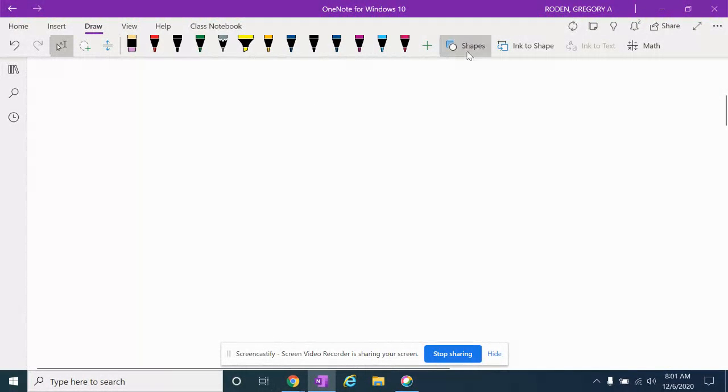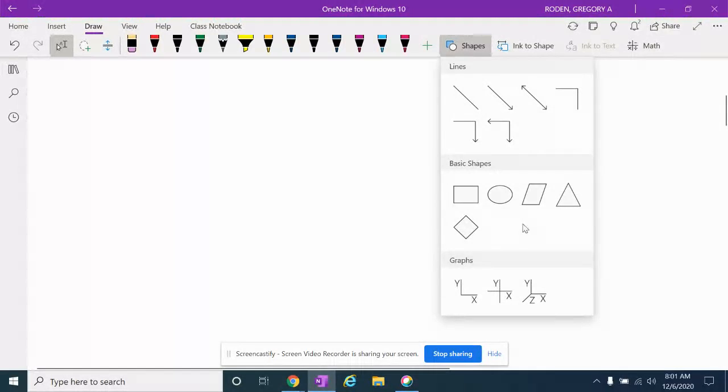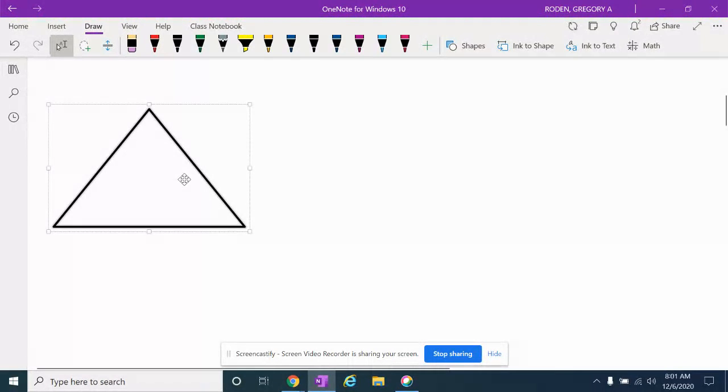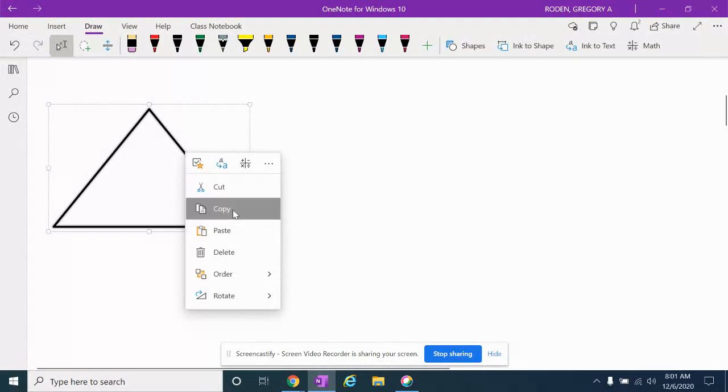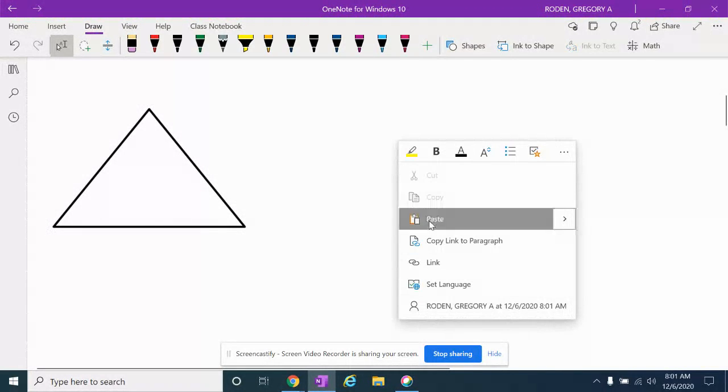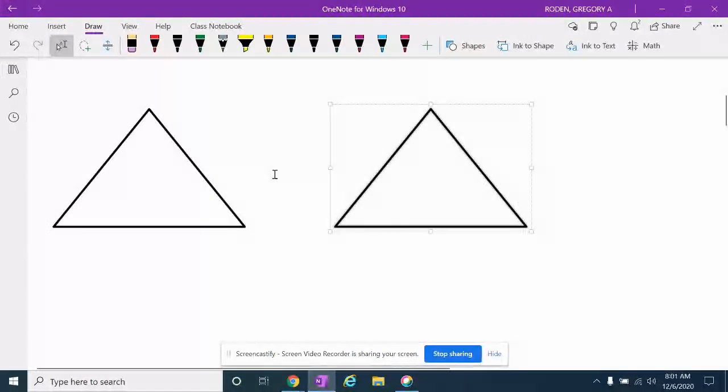Let's say that I have a shape, just a good old-fashioned triangle. I'm going to click on this triangle and copy it, and then over here, I'm going to paste it. So what I have is duplicates of the exact same triangle.